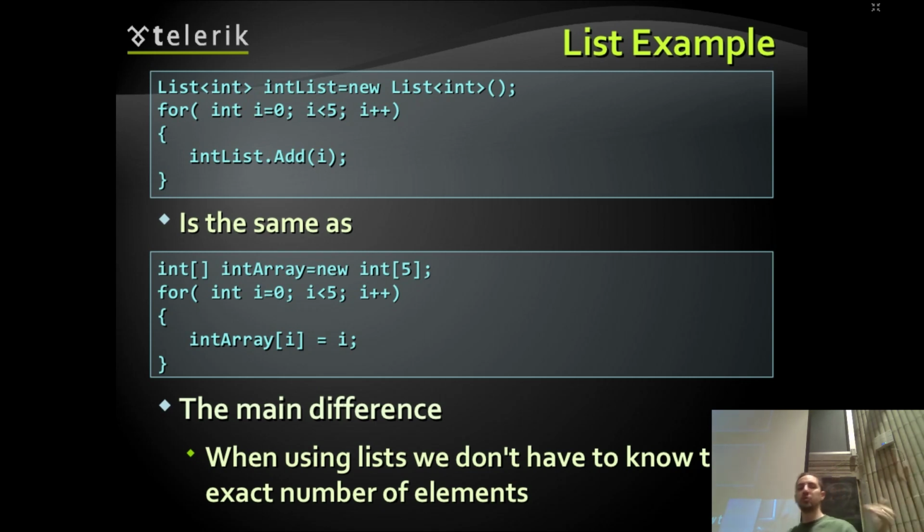The difference between the top and the bottom is that one pre-allocates all of the size. So the integer array pre-allocates all 5 things. The list is not guaranteed to pre-allocate. It might have to reallocate as it adds elements. The advantage is you don't need to know how many elements you have at the beginning.